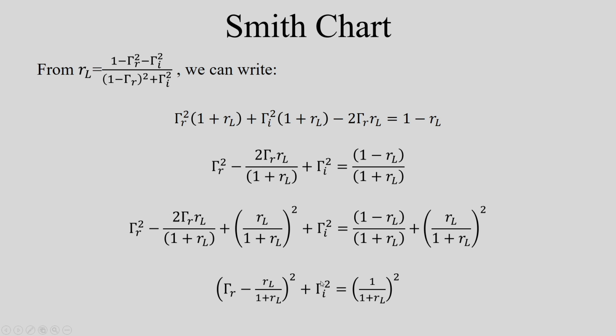complex gamma plane. We find that the center of the circle is given by RL divided by 1 plus RL and 0. So, let us see how these circles look in the complex gamma plane.